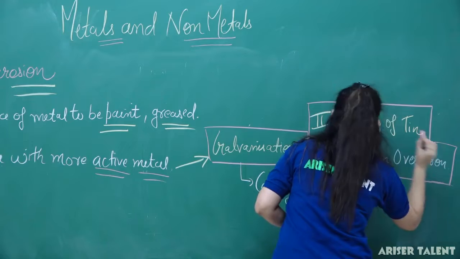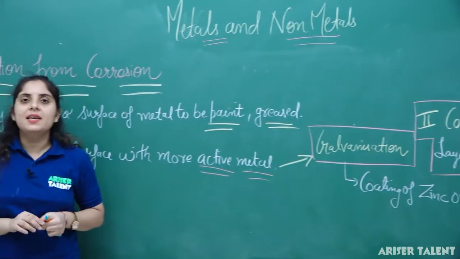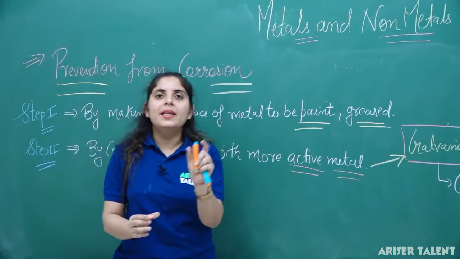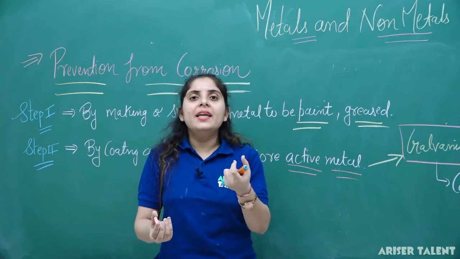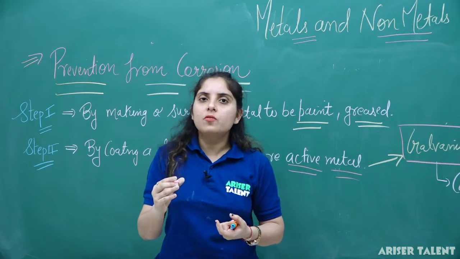Now our third method that is used to prevent rust from the surface is alloying of metal. Alloying of metal means combining a metal with another metal or non-metal, so that its composition will be changed and it will further reduce the process of rusting.